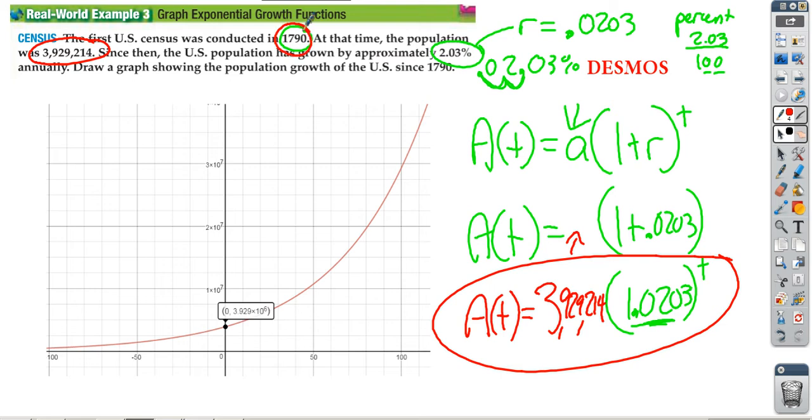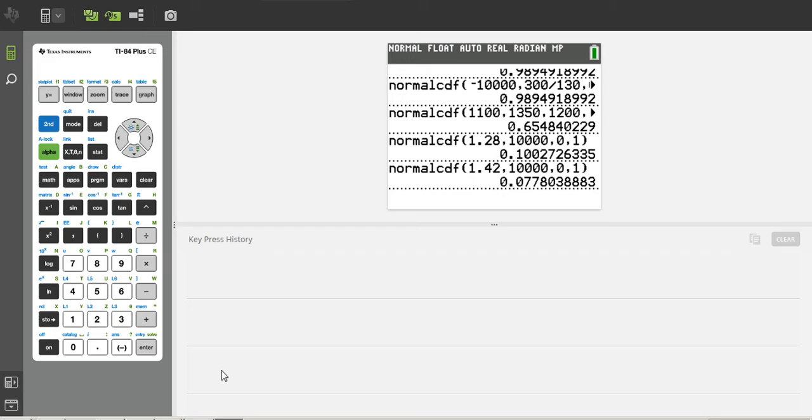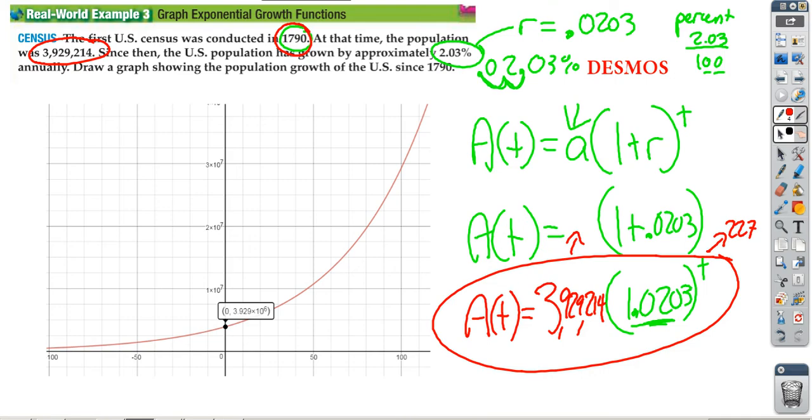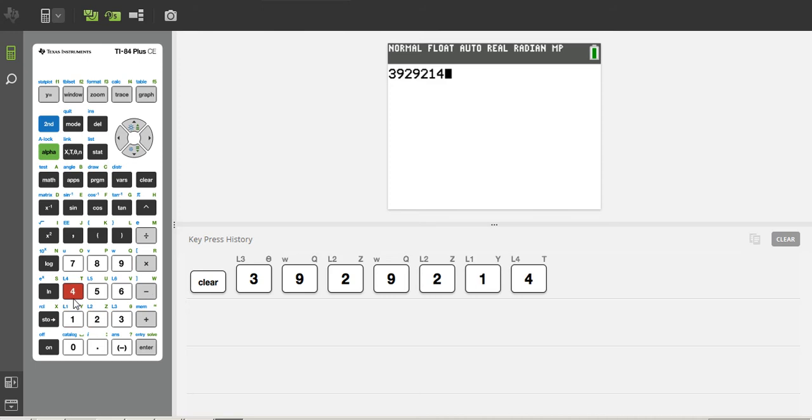227 years ago. If you plug in the number 227 here, out of curiosity, let's just do that and see what we get. This will give us a rough prediction of our current population. So let's see that. 3,929,214, parentheses, times this growth rate.